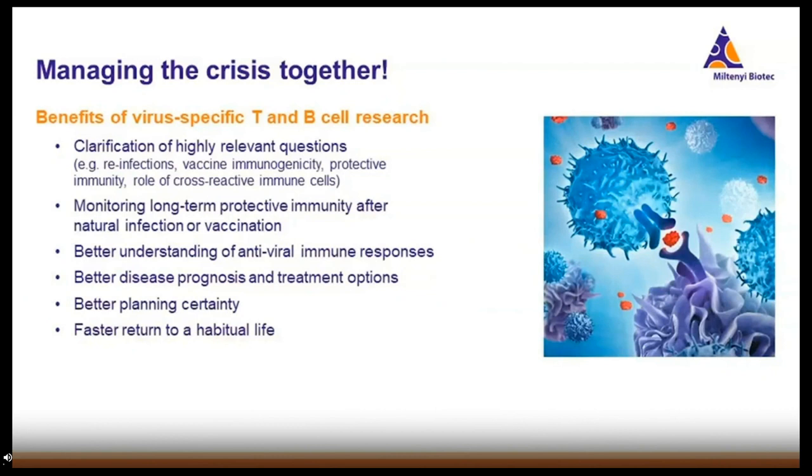We can use this analysis of these cells to monitor long-term protective immunity, be it after natural infection or vaccination. And of course, this will then hopefully lead to a better understanding of the antiviral immune responses in general, better disease prognosis, better treatment options, and then hopefully also have a better planning certainty and a faster return to a more habitual or normal life, so to say.